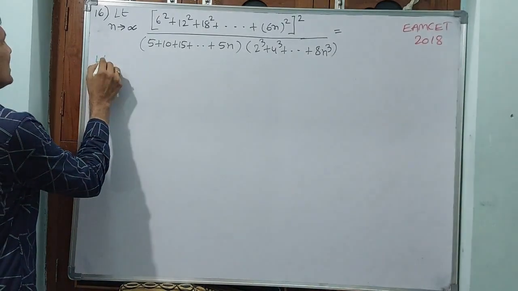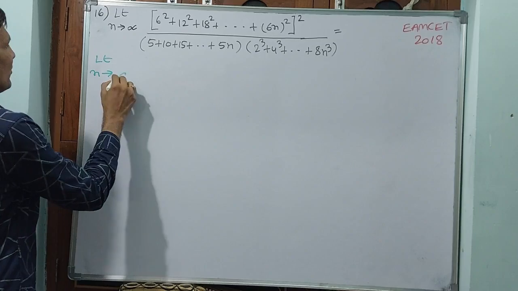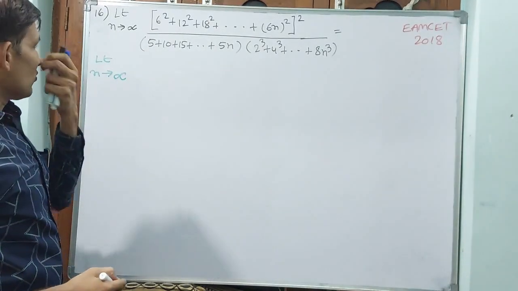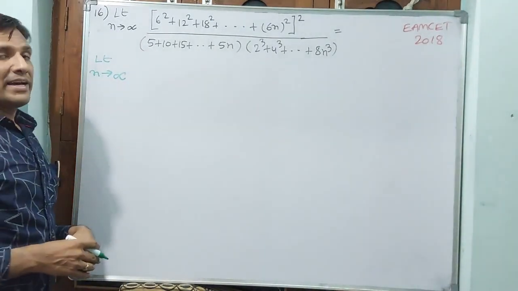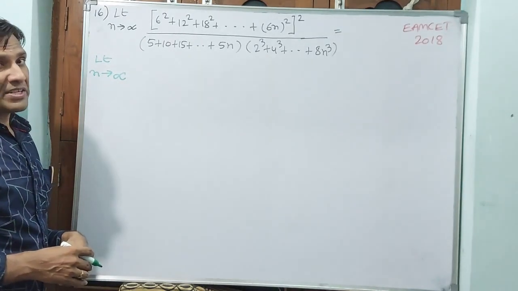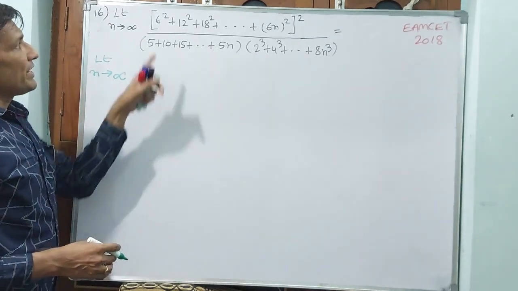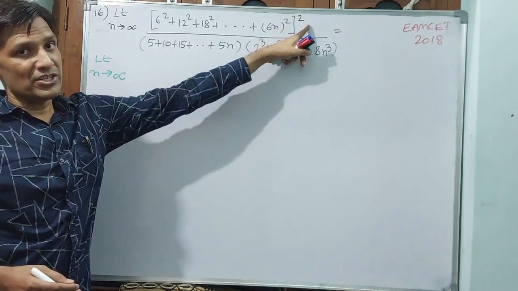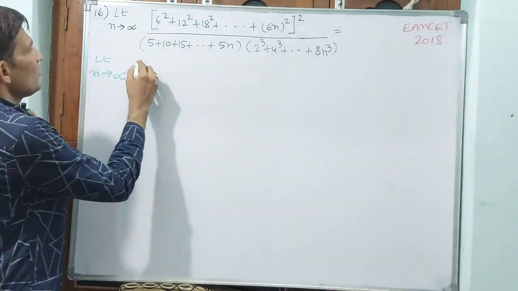Limit n tends to infinity. See, 6 square, 12 square like that is there. Last, if you observe, 6n whole square. Shall I take 6 square common? You are taking common, but the outside square is still there.